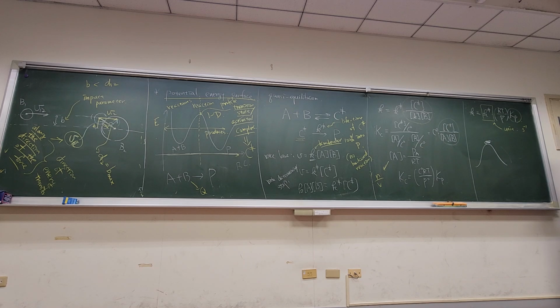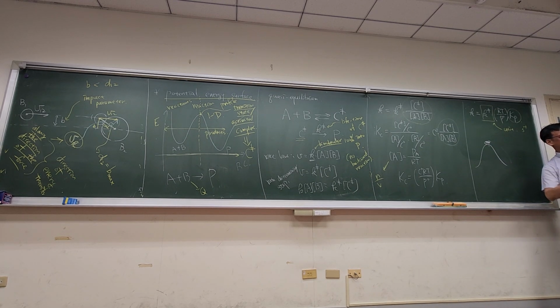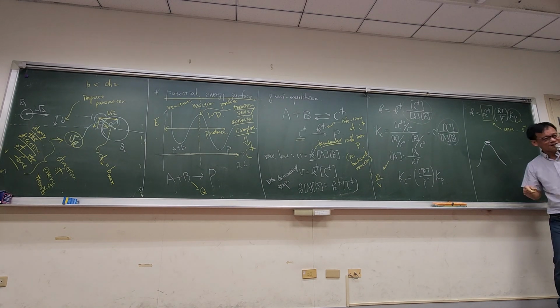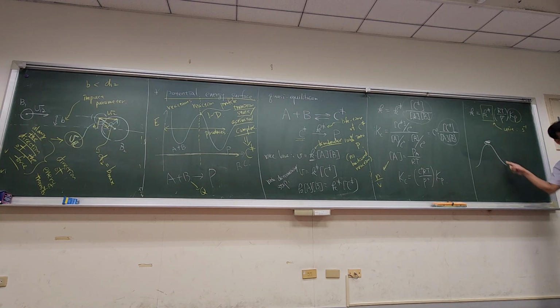So it depends on how fast the motion on top of this mountain is. If you do a very fast vibrational motion on the top of the mountain, you fall off quickly. If you do a slow vibration, you fall slowly.